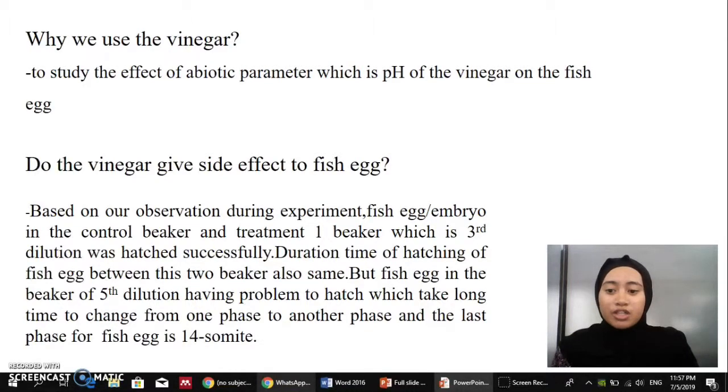The duration of hatching of the fish eggs between these two beakers was also the same, but the fish eggs in the beaker with 5 dilutions had a problem hatching, taking a long time to change from one phase to another, and the last phase for the fish egg is 14 somite.